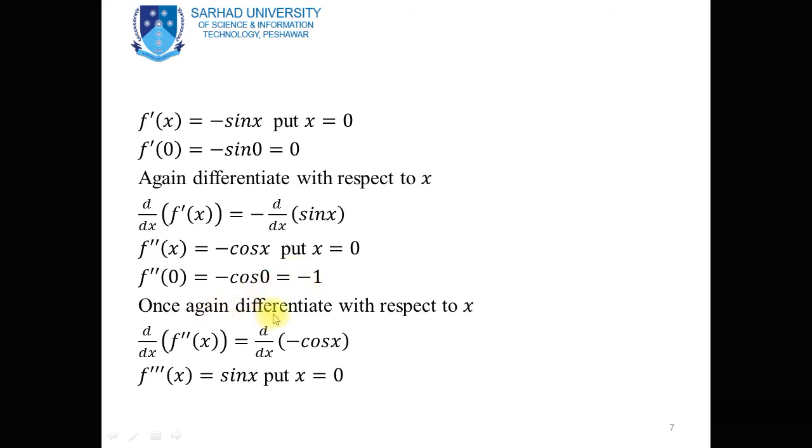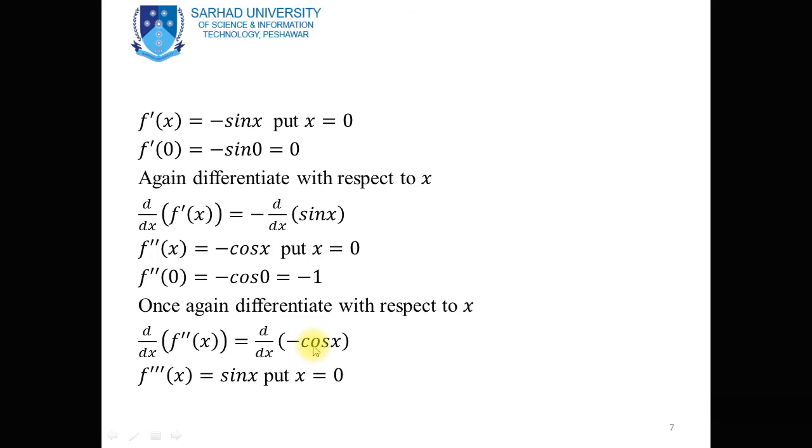Now once again differentiating with respect to x, to find the third order derivative, take the derivative of the second order derivative, which is minus cos x. Taking the derivative of minus cos x, we obtain sin x.